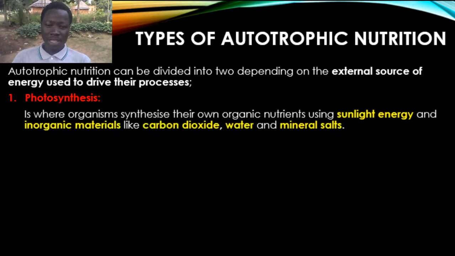Photosynthesis comes from two words: photo, which means light, and synthesis, which is to make. Now, because the categorization of these types of nutrition depends on the external source of energy, then for photosynthesis, the external source of energy is the sunlight.